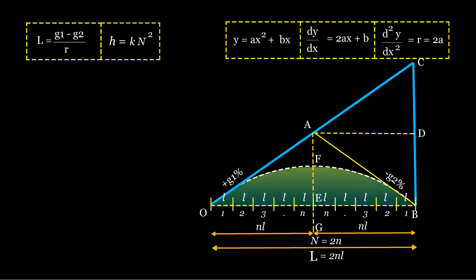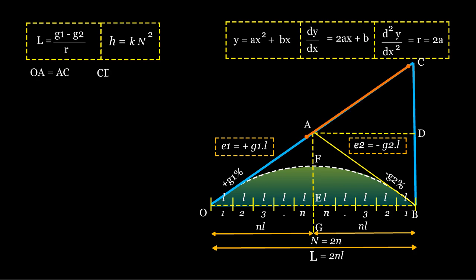G1 and G2 equal the grades of the two tangents, and E1 and E2 equal the corresponding rises or falls per chord length L. Now, let us do some algebraic calculation. OA equals AC, and CD equals n into E1, that is nE1.